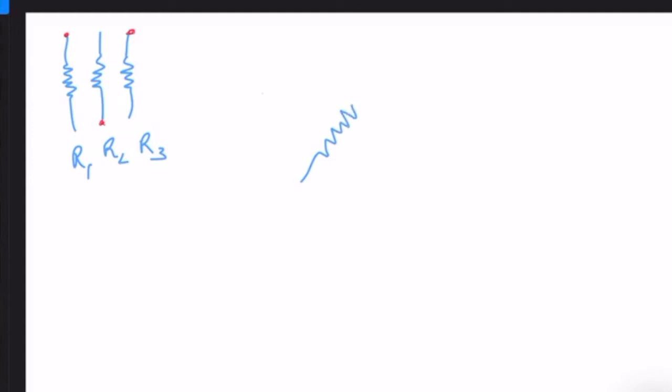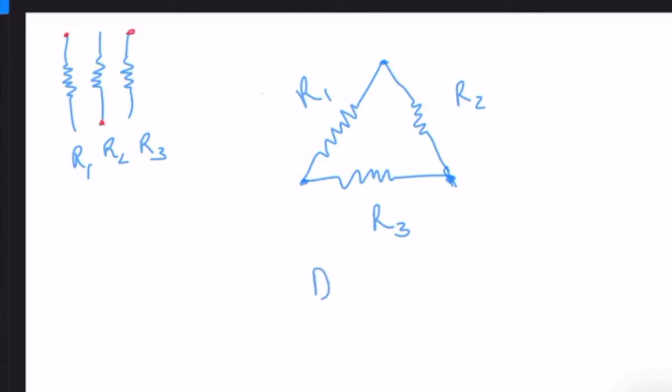You can see here we are joining head of one wire with tail of other wire, like this. So here we are forming a triangle actually. So this type of connection will finally be known as delta.